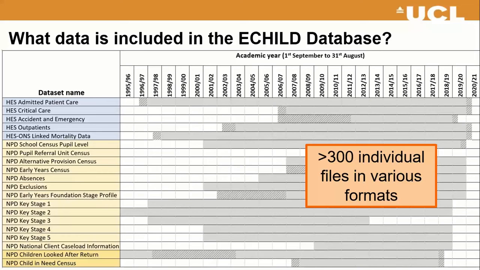And we are currently working on establishing the permissions to expand the ECHILD database. That would include going back further in terms of who's included, back to the 1980s in terms of births, and also expanding the range of health data sets that are included, for example linking in mental health data that is captured by the HES data sets.